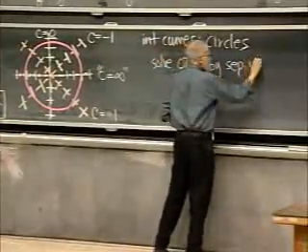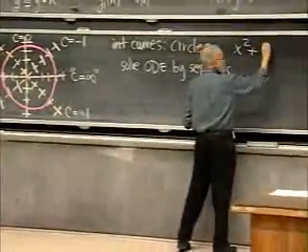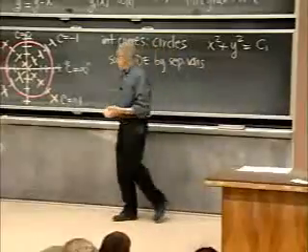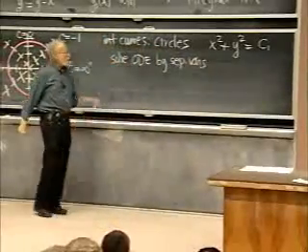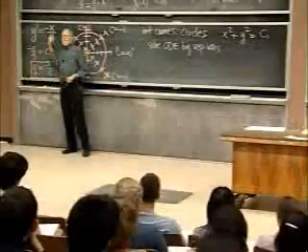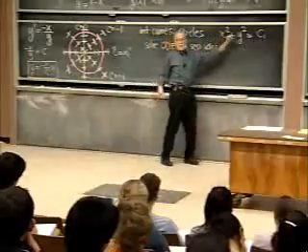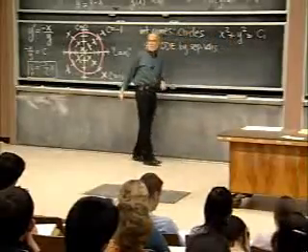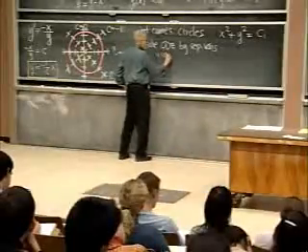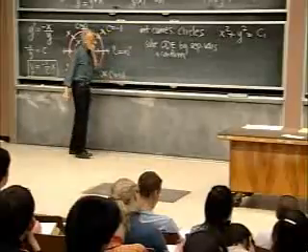In other words, the circles are ones with center at the origin, of course, equal to some constant. I'll call it C1 so it's not confused with this C. They look like that, and now you should solve this by separating variables and just confirm that the solutions are, in fact, those circles. I won't do it because I want to do geometric and numerical things today.